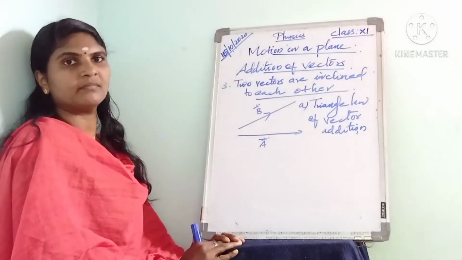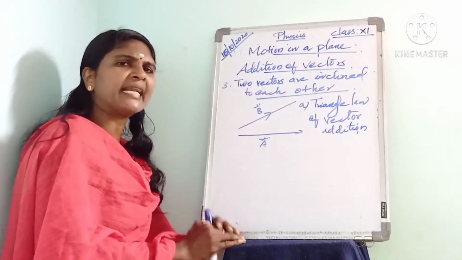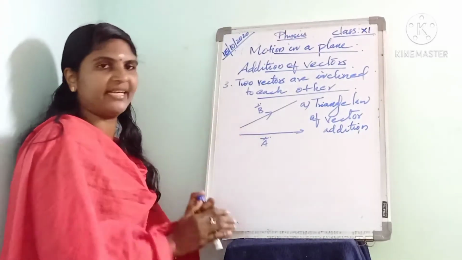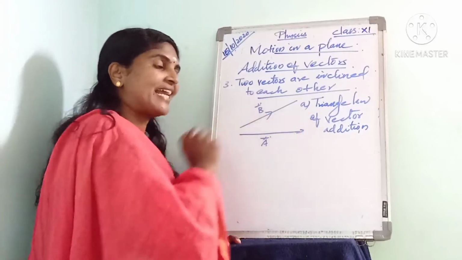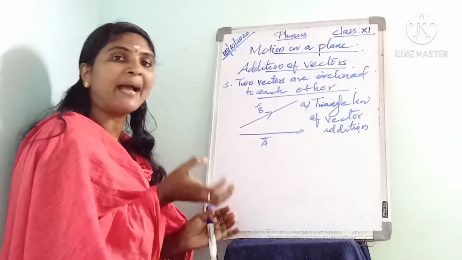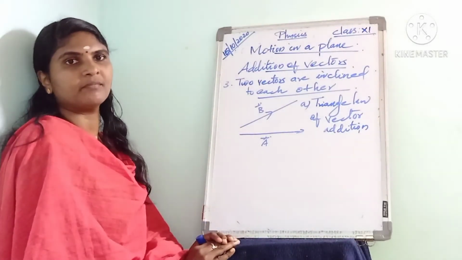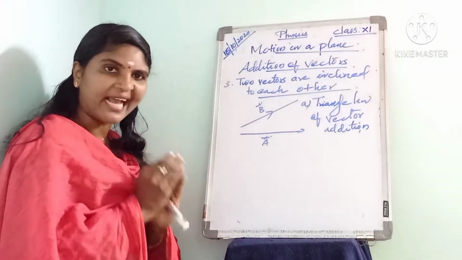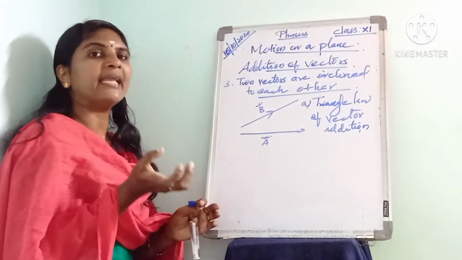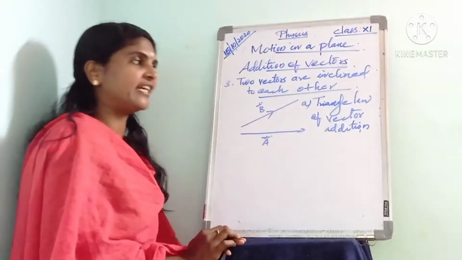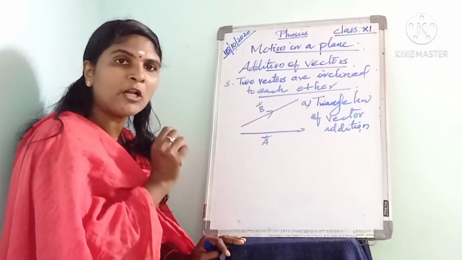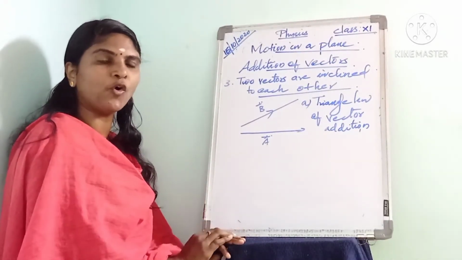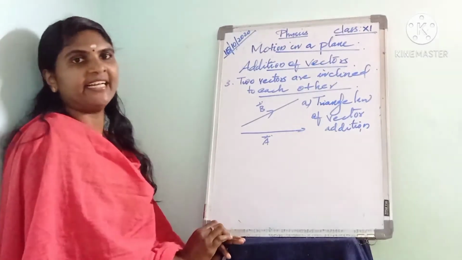When the two vectors are inclined to each other, we can use two laws for adding them: either the triangle law of vector addition or the parallelogram law of vector addition.